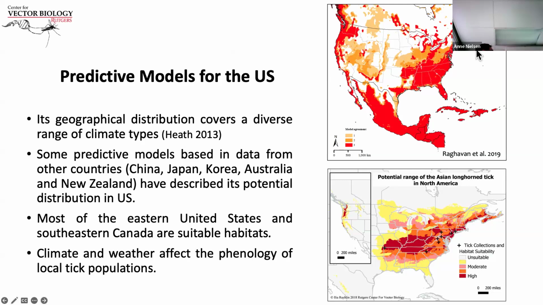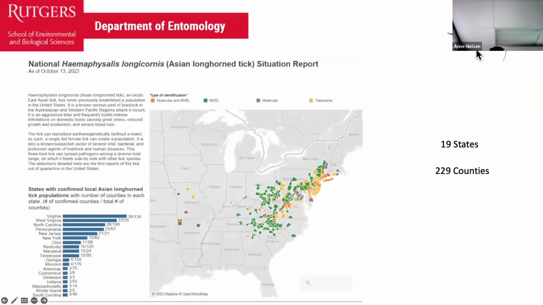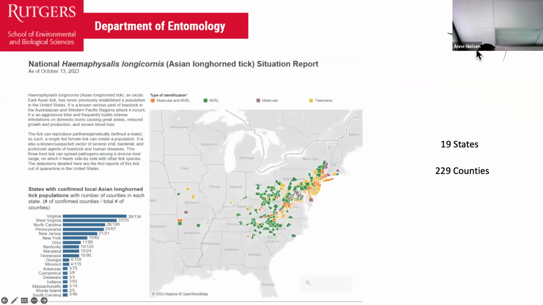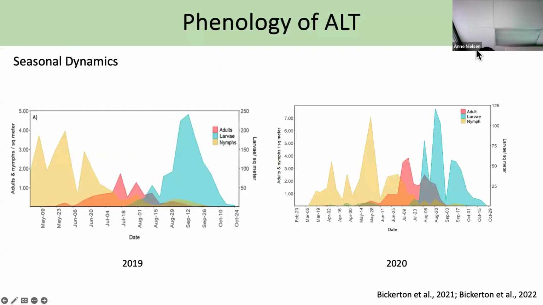And in fact, if you look at these predictive models and where we have found this tick species so far, it mimics quite well what was predicted in these models, particularly by Ilya Rochlin. Right now, this tick species has been detected in 19 different states and over 220 counties in those states.